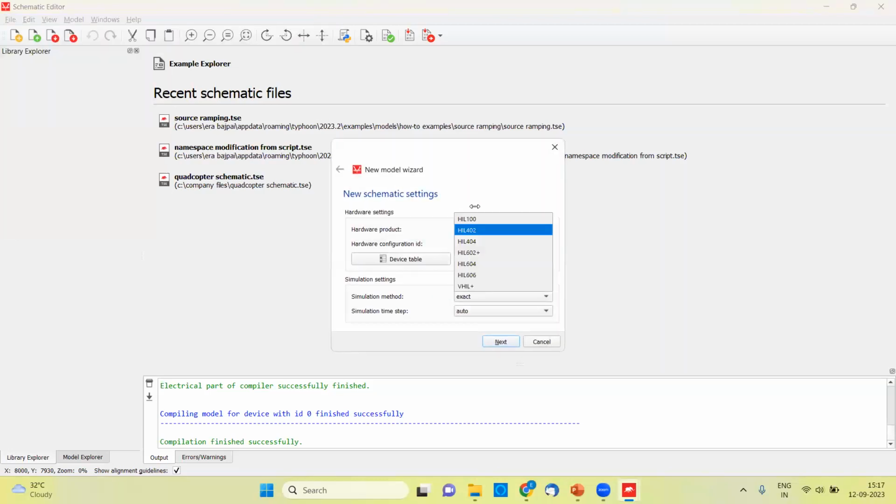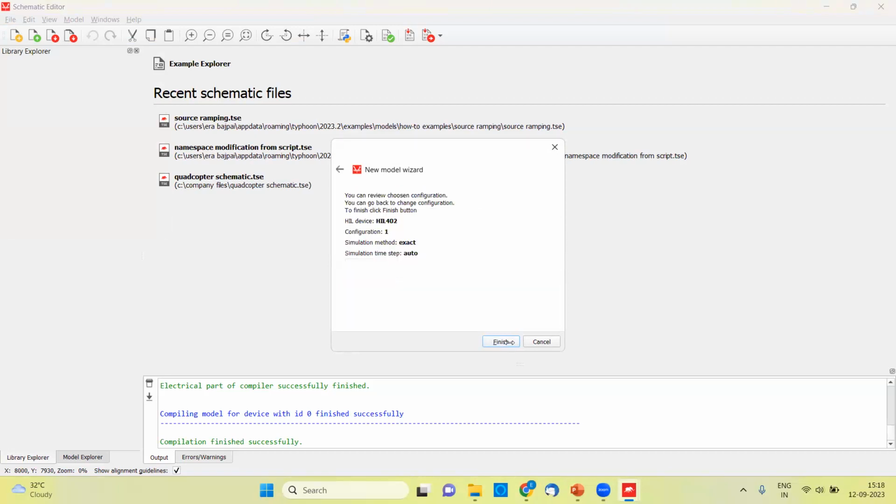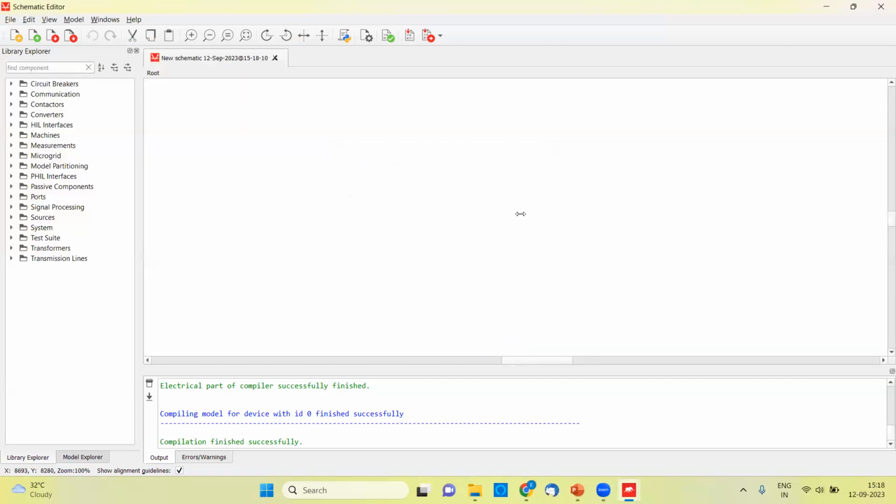You can select any HIL device according to your benefit, or you can leave it as it is if you're not having the device at your end, because the model which we are going to make today is only using the signal processing components. So it is not going to occupy too much space and it will easily run on any of the HIL models. So I'm just leaving the rest of the settings as they are. I'll click on next, and these are the settings which I've selected, and then I will click on finish.